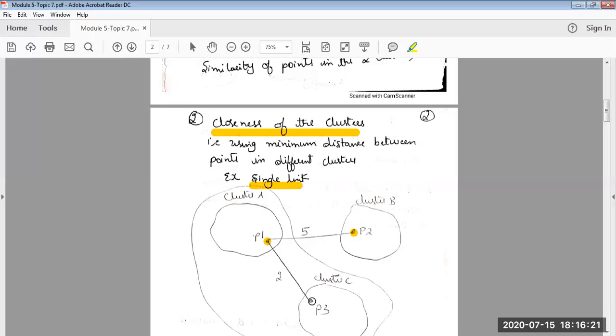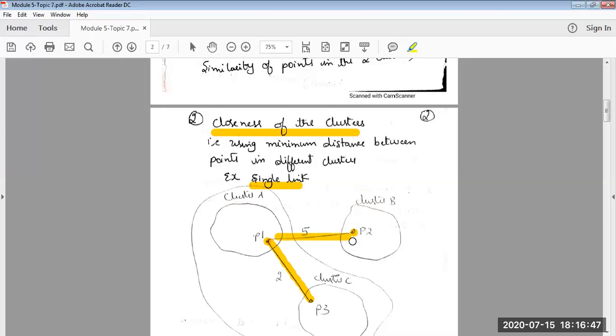These two points were chosen because they are the points with the smallest distance between cluster A and cluster C. In similar lines, between A and B, I have point P1 in cluster A and point P2 in cluster B. Why were these two points chosen? Because these are the two points with the smallest distance between the clusters.